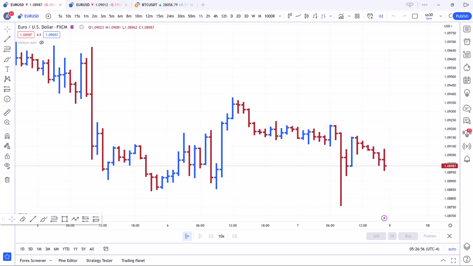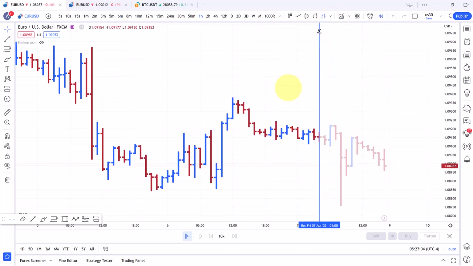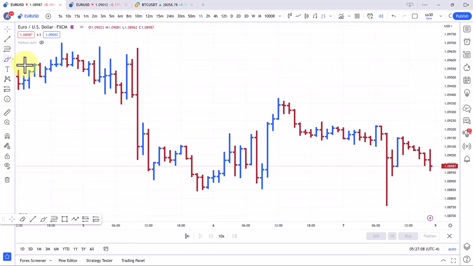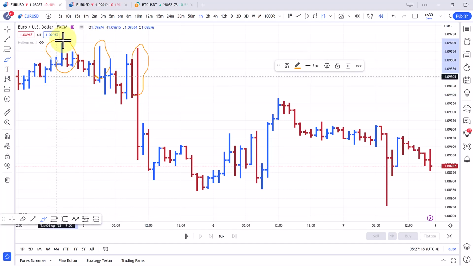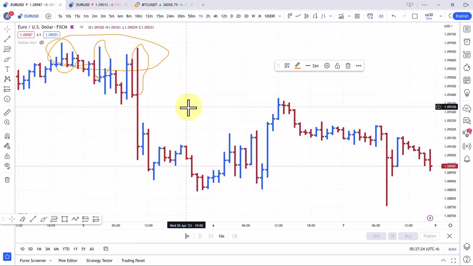So the first thing is that these bar charts have shadows. For example, we see some kind of line shadow here. The price rejected this POI here and here, and this is important for us because it shows us a very good support and resistance, or in this case resistance.